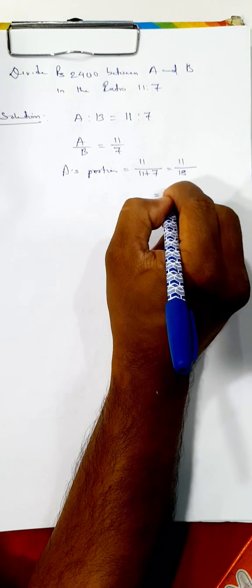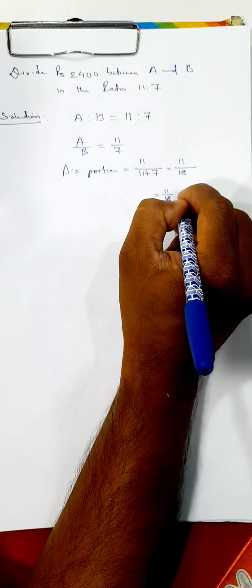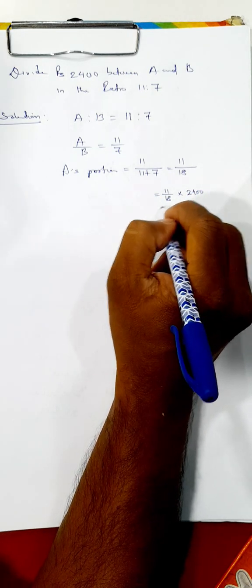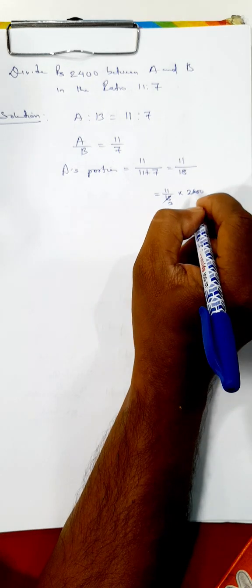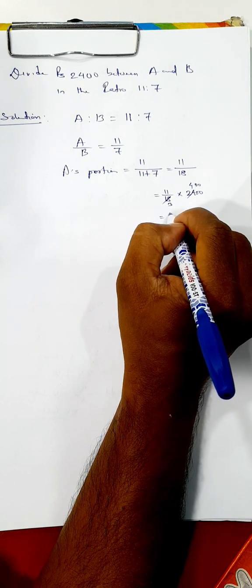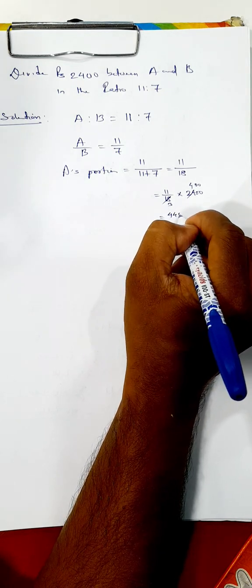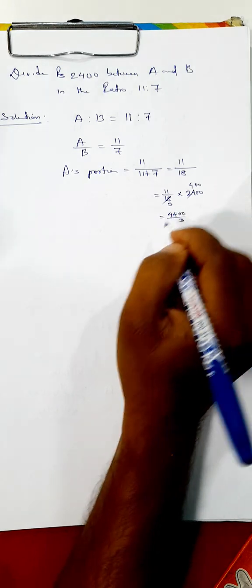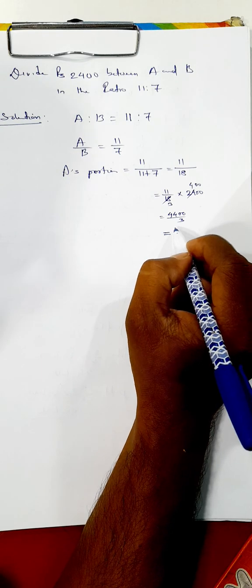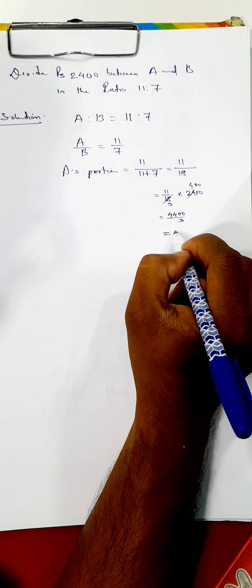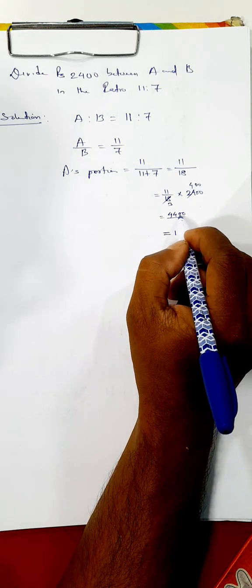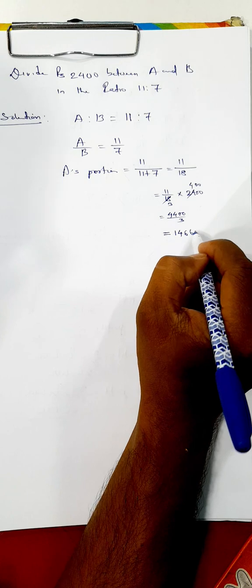That means 11 divided by 18 multiplied by 2400. 6 3s are 18, 6 4s are 24, so 400. That means 4400 divided by 3. Now you convert into rupees.